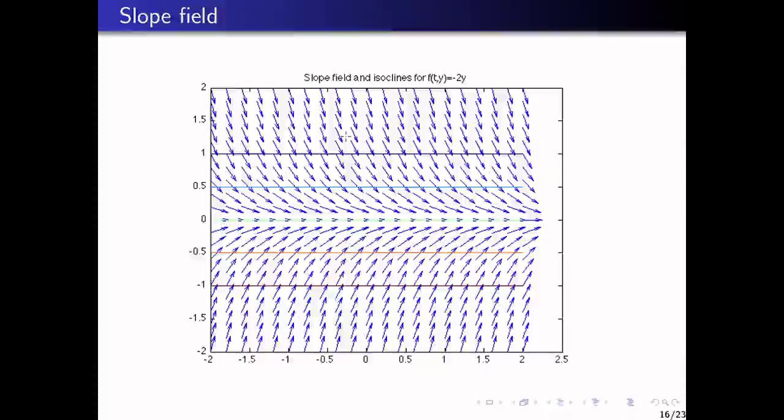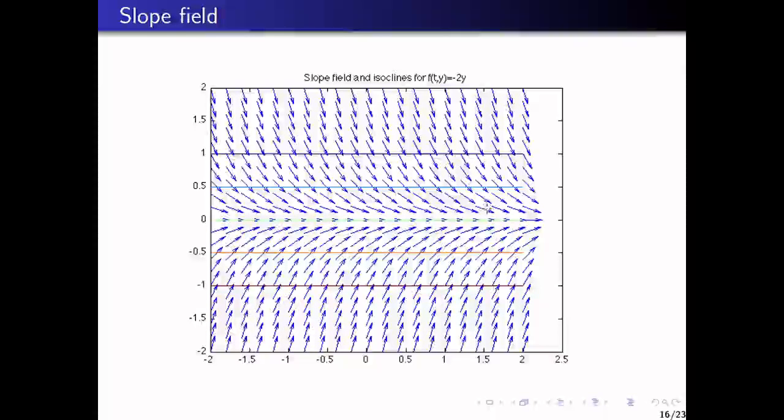By explicit solution, I mean the solution can be written in closed form. When such a solution doesn't exist, with the help of a computer, we plot the direction field and the isoclines, and from that we can interpret what the solution is. For example, if we join these arrows in a smooth way, each of them gives a solution of the differential equation. For various initial conditions, we get various solutions. So if we join like this, it will give you one solution.